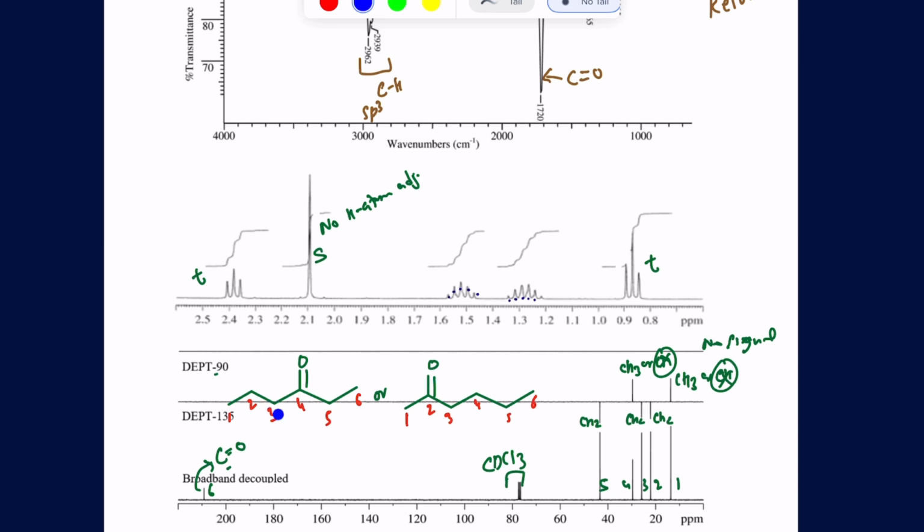The proton on carbon 3 here would have two neighbors on the left side, and then carbon 5 would have three neighbors on the 6 here, because 6 is CH3. And the protons on carbon 6 have two neighbors on carbon 5. So these are all going to have some sort of adjacent hydrogen atoms. So none of those protons would show up as a singlet. So I would rule this structure out for that reason.